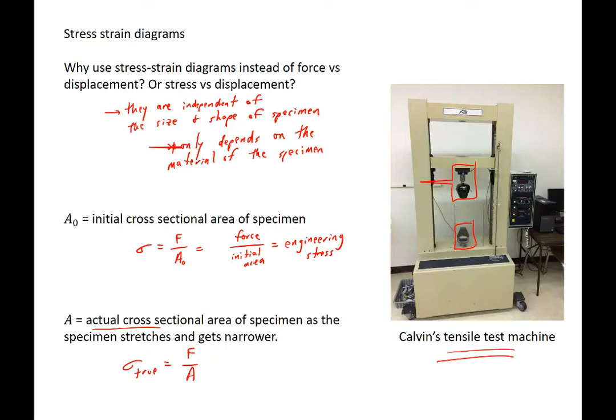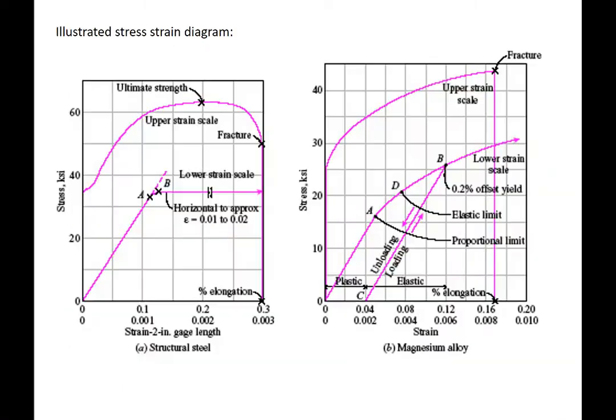So if we take a look at an actual stress strain diagram, we'll get something that looks like this. One thing to keep in mind is that this diagram on the right, where we have this piece right here that I'm highlighting, is just a zoomed up view of something that's right along the edge of the plot right here. You can see that there's two different scales in the bottom here for each of those different plots. But it's the same plot, just one is zoomed up.